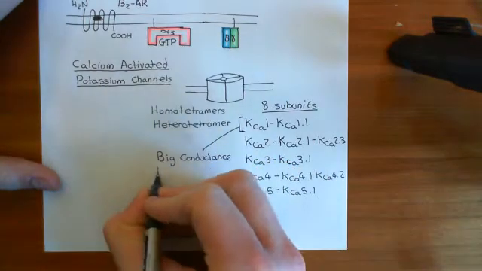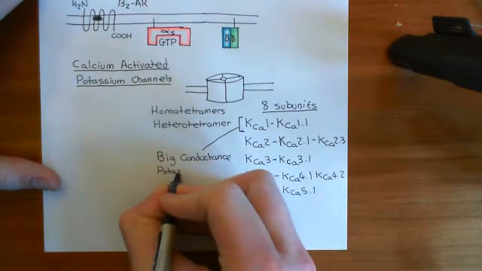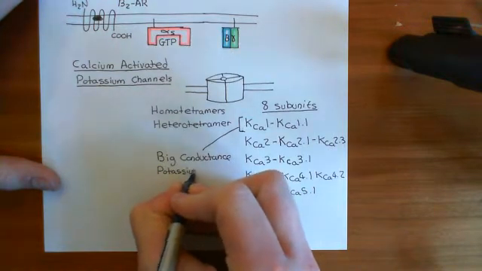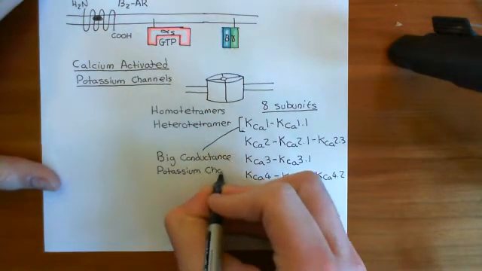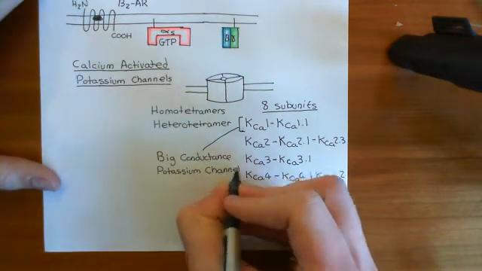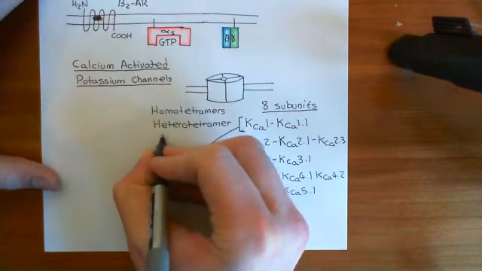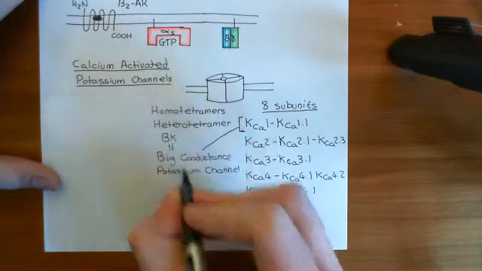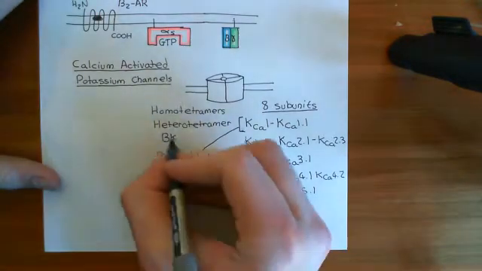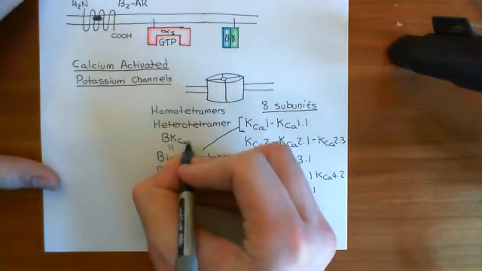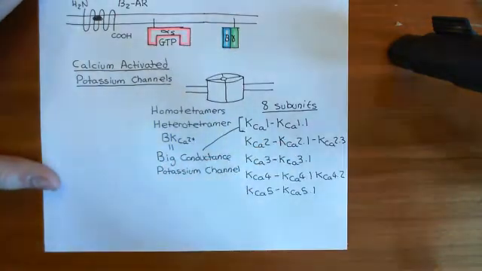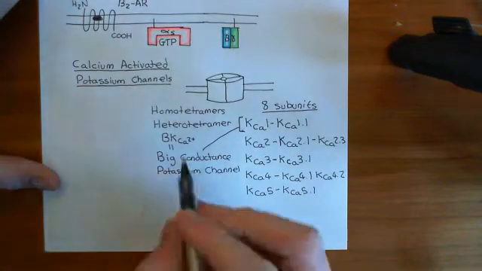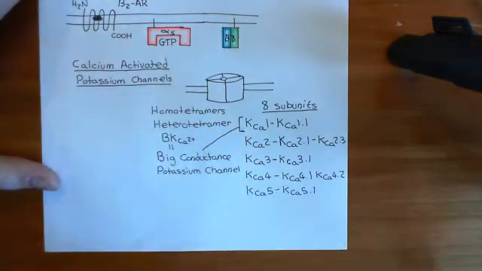For short, the big conductance potassium channels are abbreviated to BK, B for big conductance and K for potassium. Some people will also put Ca2 plus subscripted at the bottom, to remind you that this is a calcium activated potassium channel.